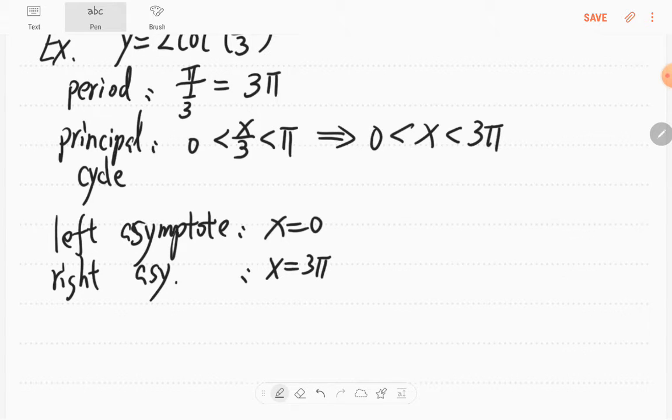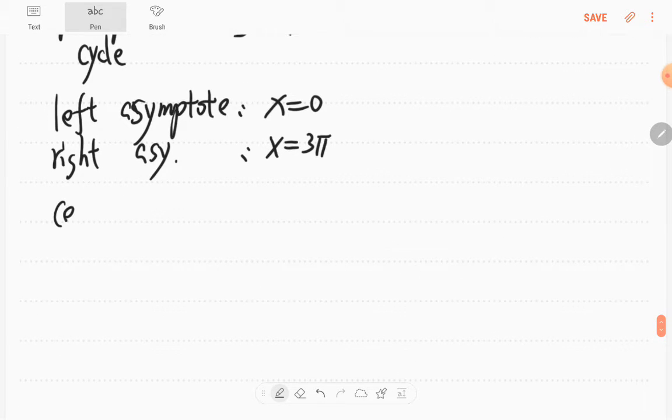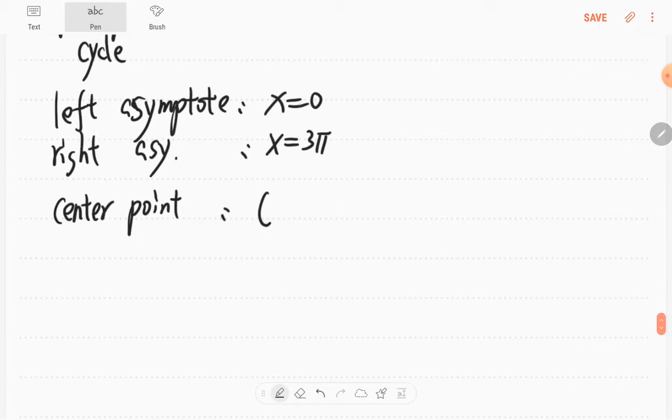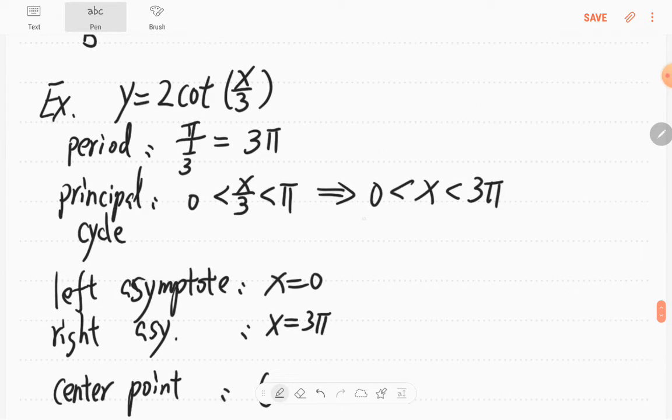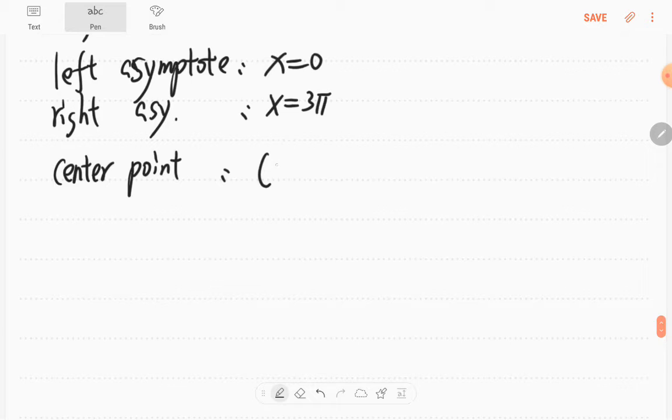Right? So the center point is halfway between 0 and 3 pi. This is the middle point of the principal cycle, which is 3 pi over 2, and the value is 0, right?